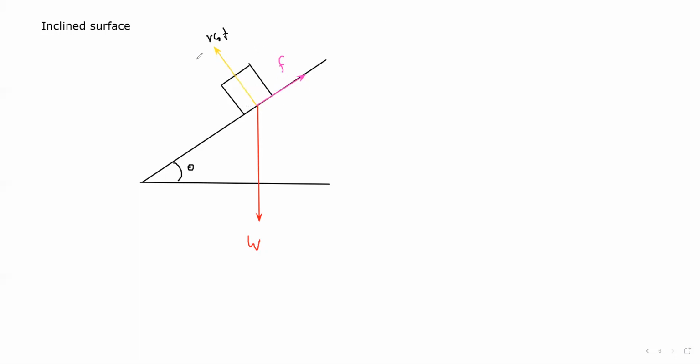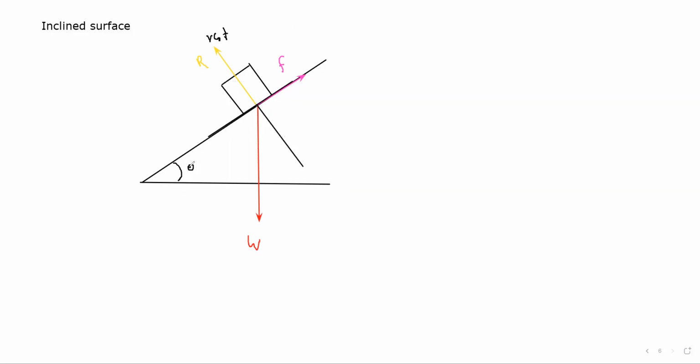You can see how the forces are balancing, how the friction is balanced as this object is at rest, and how the normal contact force is balanced. This is a free body force diagram, but if we divide this into components, if we take the axes here, this is our y-axis, this will be the x-axis.